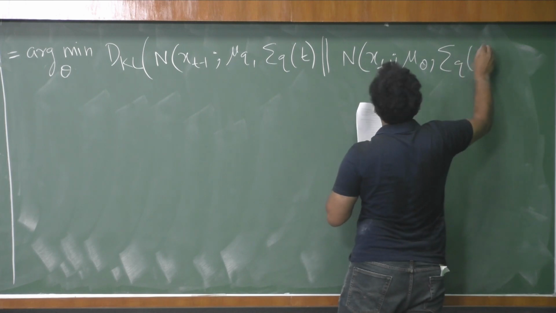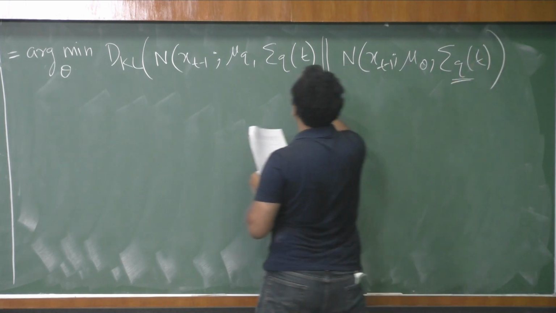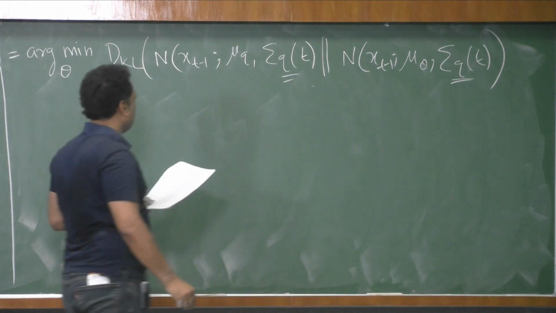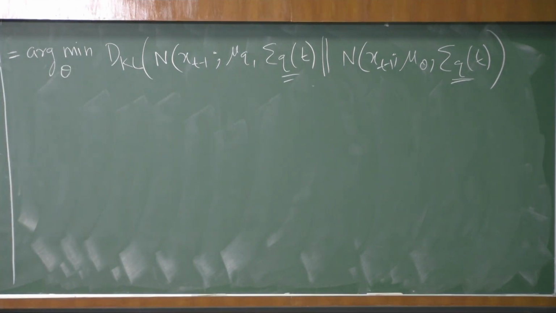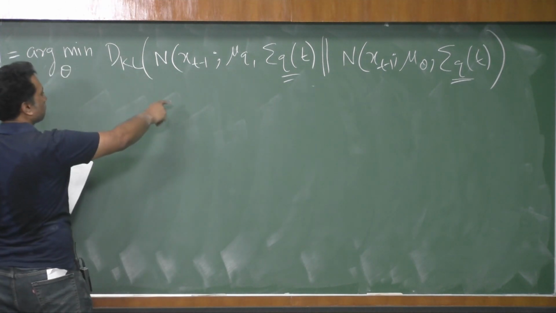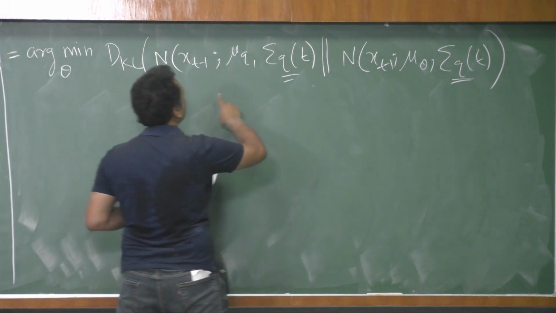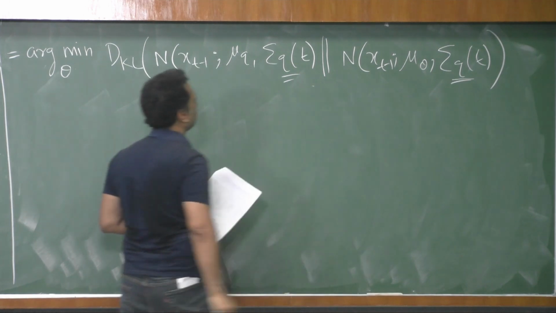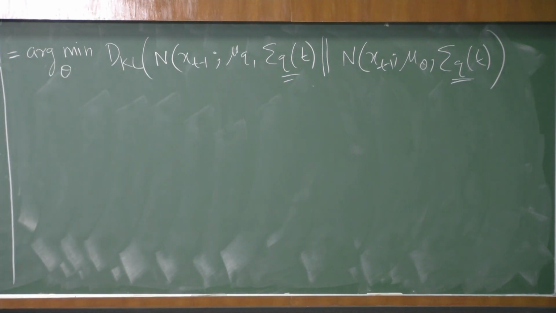Remember that we keep the variance the same, so that's why it remains sigma q here. And so this is the optimization process, and then we know that this distance gets replaced by 1 by 2 sigma square times the norm of mu q minus mu theta squared, right? We have done that derivation, so we will use that now directly.